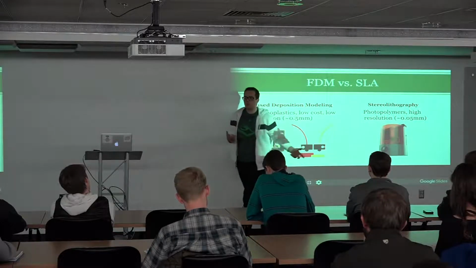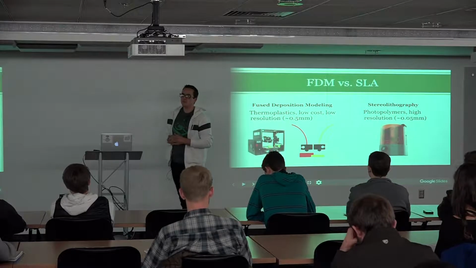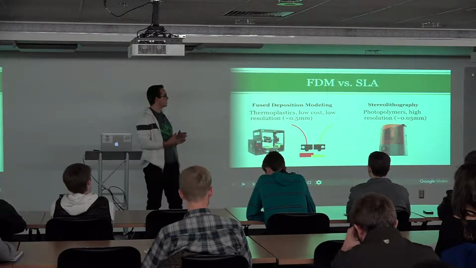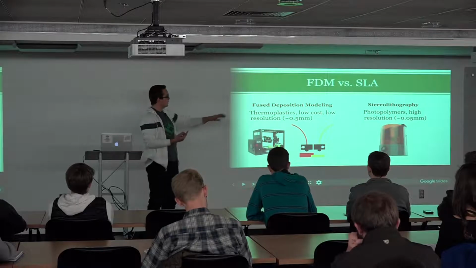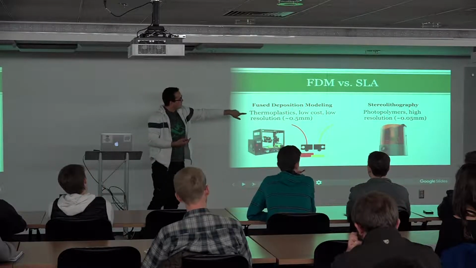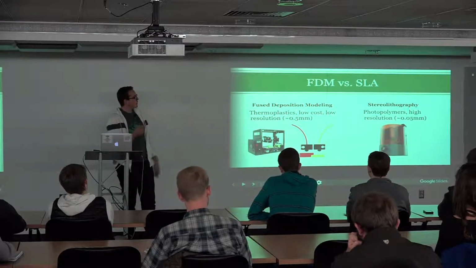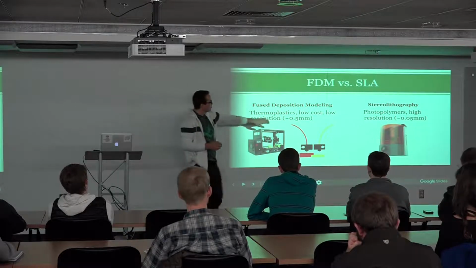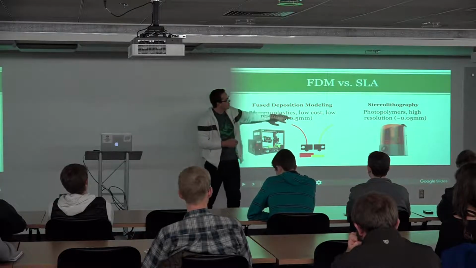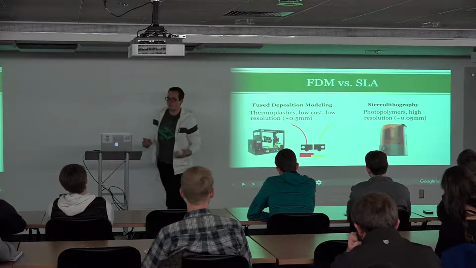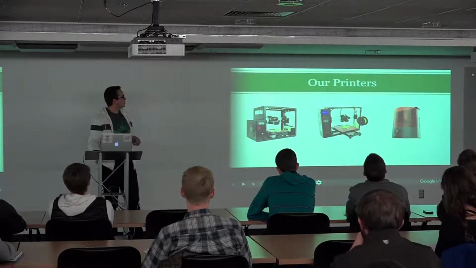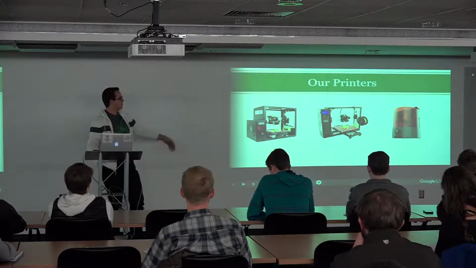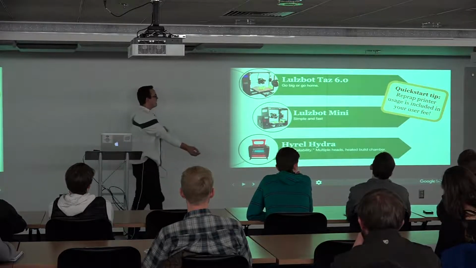These usually use high-end Texas Instruments DLP projectors or lasers to get the detail they want. The Ember and some of the others will get you resolutions an order of magnitude finer, more like 0.05 millimeter instead of 0.5 millimeter. And I'll talk a little bit more about our specific printers right now.